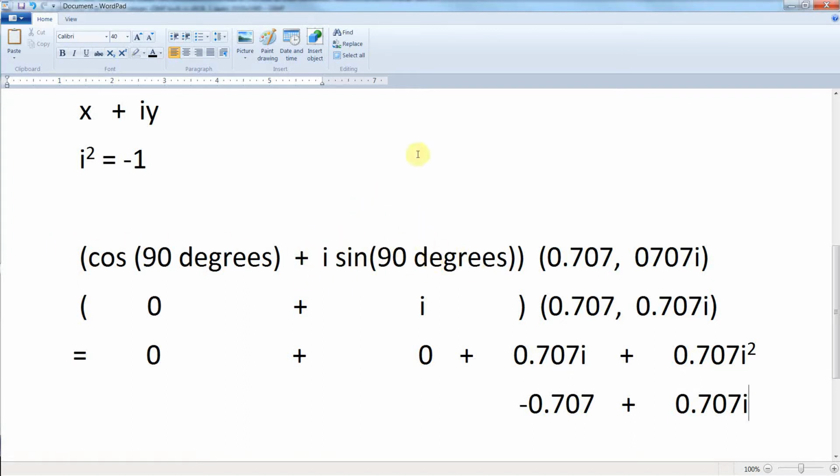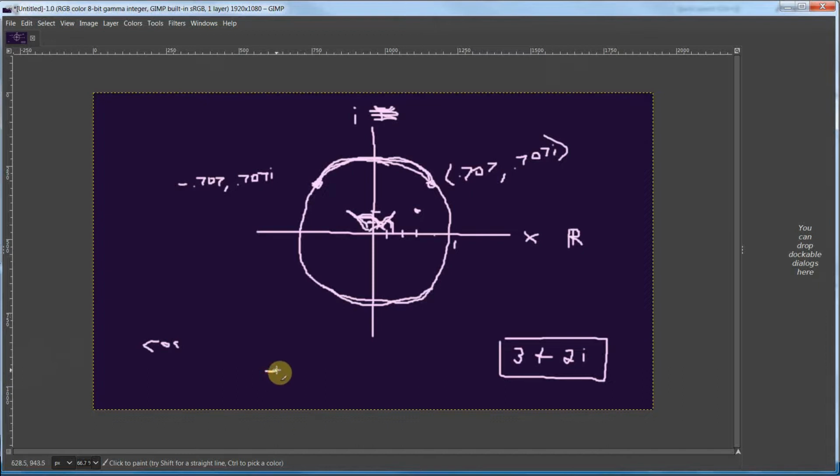In fact, if you ever notice Euler's formula, for those of you familiar with it, it's just e to the i theta plus 1 equals 0. So we'll look at that at another time.